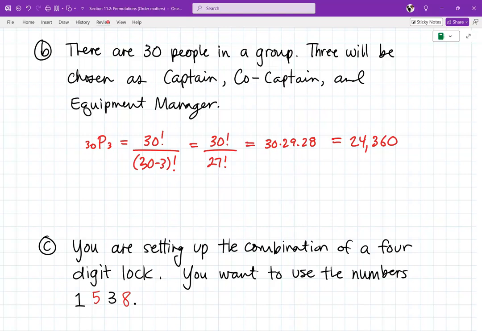But we don't have to worry about that. Just press the function, right? Press 30, shift times 3, hit enter, and you should get the same number. Okay, I'm going to verify, 24,360. There you go. So you don't have to worry about doing the math on this. You know the shortcut on the calculator. Use it. Okay? So just use it on the calculator.